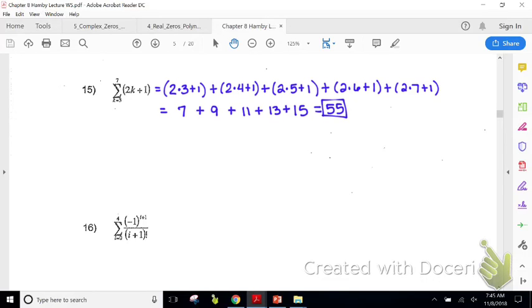All right, let's look at 16. So we're going from where i starts at 0 to 4, and we're going to plug it into that equation there. So we have negative 1 to the 0 plus 1 over 0 plus 1 factorial.